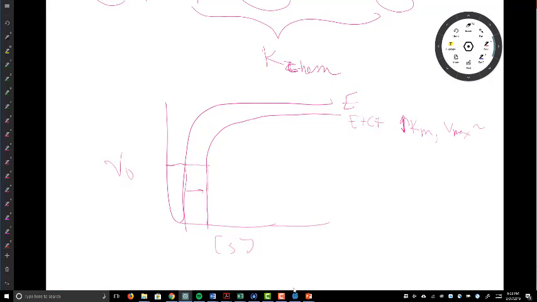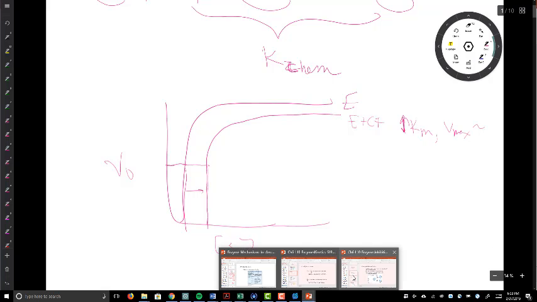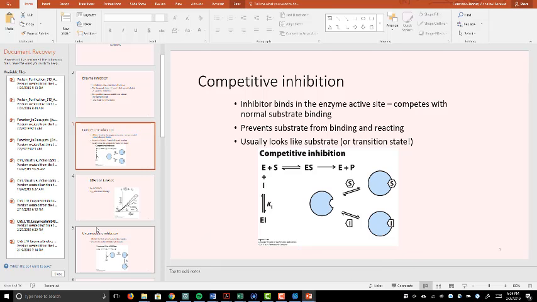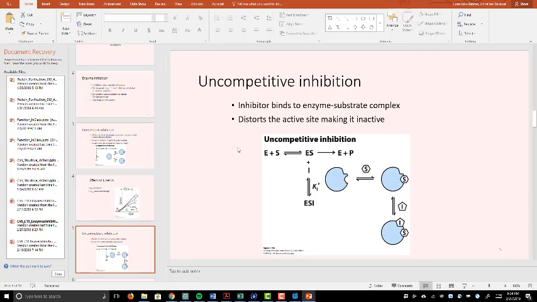Okay. So the next type that we have is uncompetitive. And I always get so confused about uncompetitive and non-competitive. But uncompetitive, okay. Instead of binding to the enzyme alone like a competitive inhibitor, the uncompetitive inhibitor binds to the enzyme substrate complex.